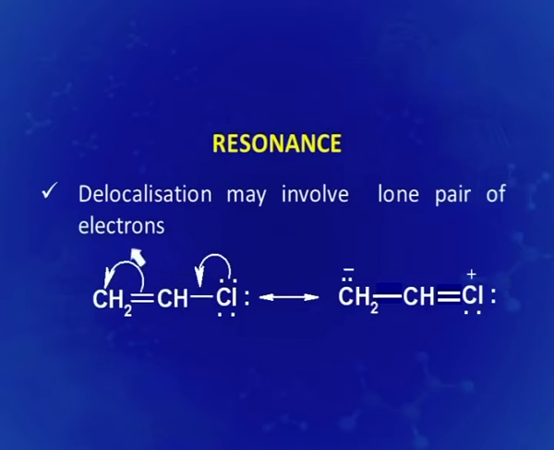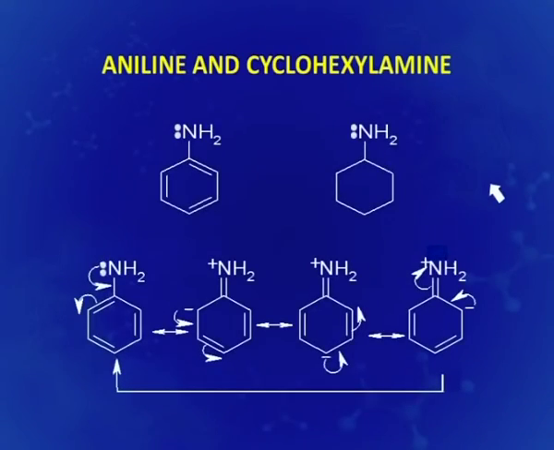In turn, this bond moves to the CH2 group, and what we get as a result is a positive charge on chlorine and a negative charge on the terminal carbon atom. So, this is again showing the resonance structure, and this is what we rationalize for the nucleophilicity of the two amines here.